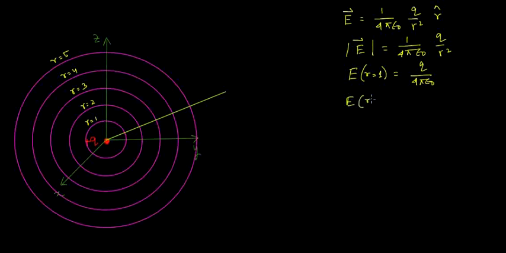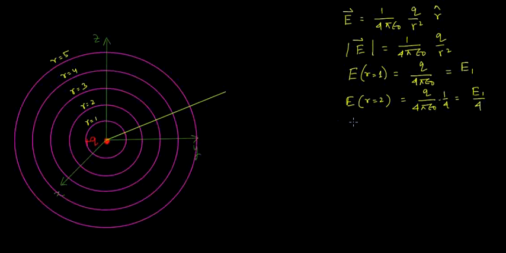E for r equals 2, so that is what? Suppose this I am referring to as E1. So this will be Q by 4 pi epsilon 0 times 1 by 4, and that is naturally E1 over 4.